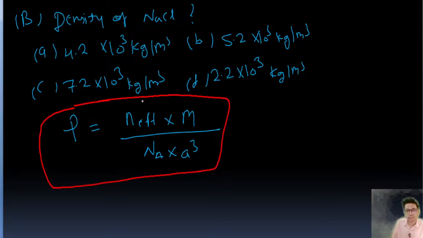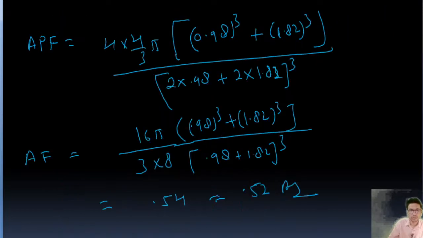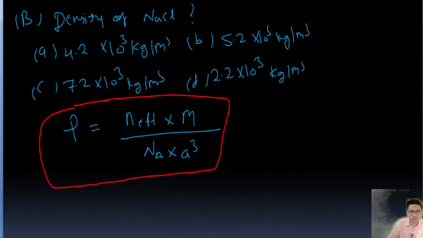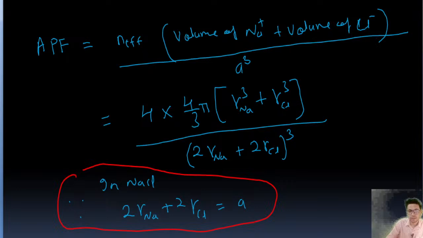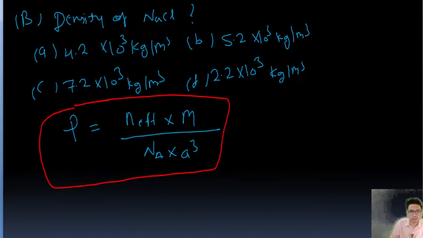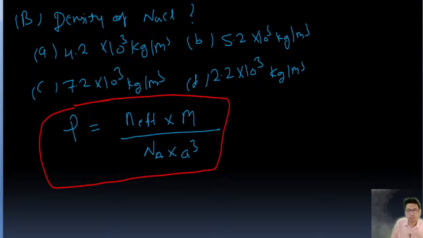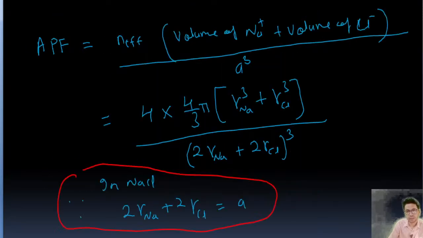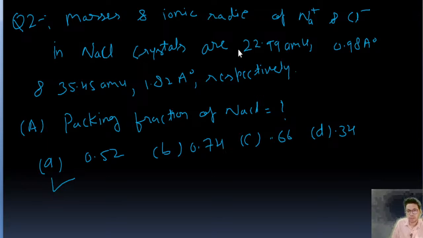So this is a crystal NaCl. Rho, that is the density of NaCl, is going to be N effective for NaCl, which is 4, into the molar mass of NaCl. Molar mass of NaCl means the mass of Na plus the mass of Cl.